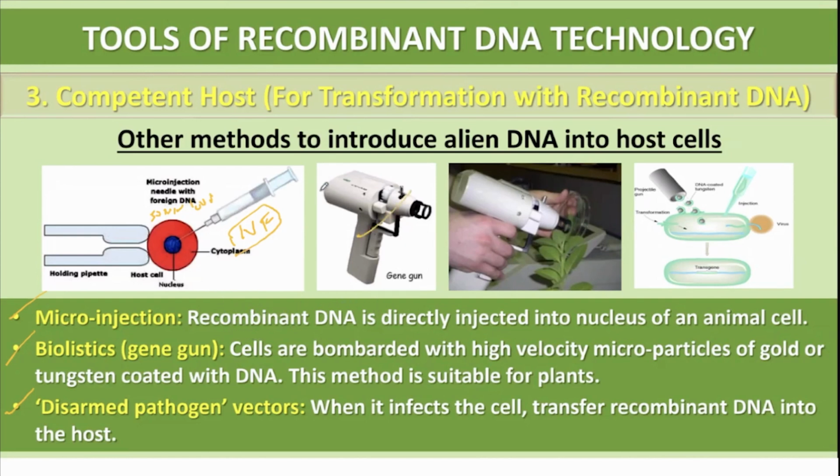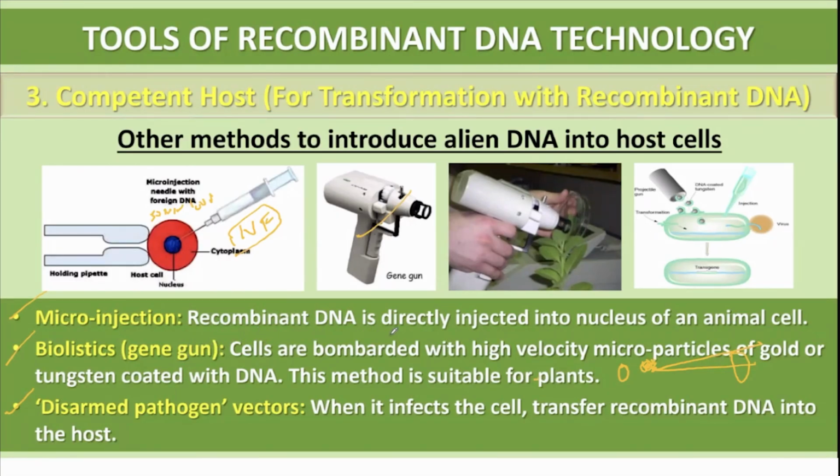The gold or tungsten particles are coated with the DNA, and then the plant cells, kept on a slide, are bombarded. When the particles hit the cells, the DNA is transferred into the cell. It might look unrealistic, but people have tried many such things, and it is still followed for plants. Then the third one is the disarmed pathogen vectors.